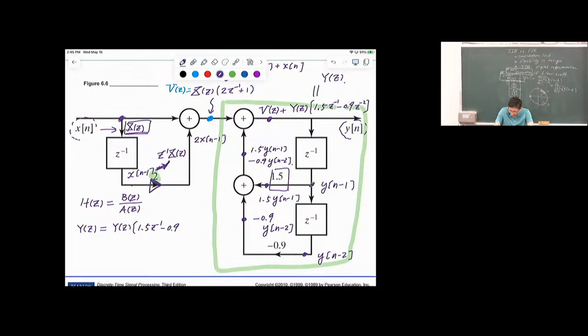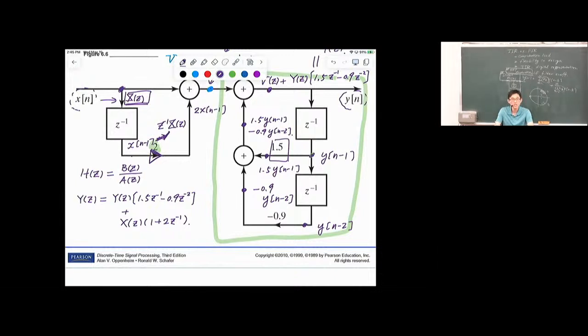We have two terms right here, plus V of z. And V of z is what? V of z is here. Now we can substitute V of z with this expression, which relates to the input in a simple manner. So here we have X of z times 1 plus 2 z inverse. That's our system equation in the z domain.